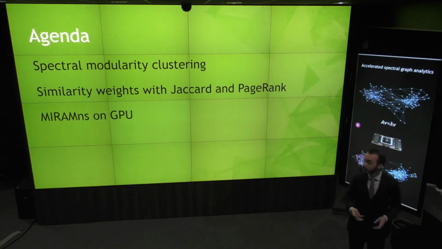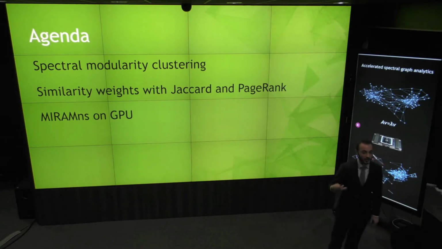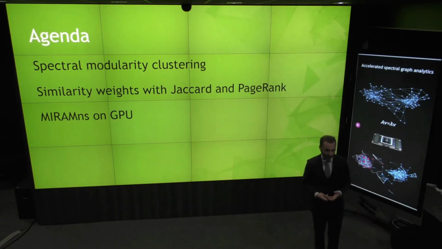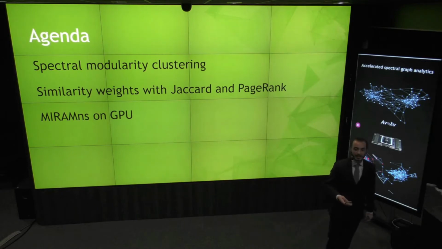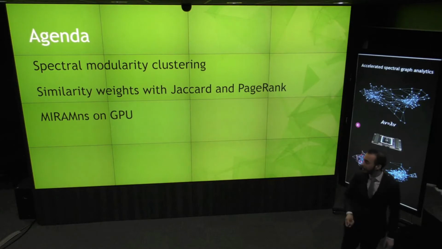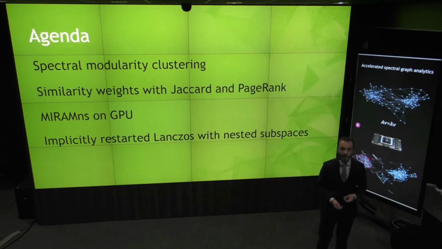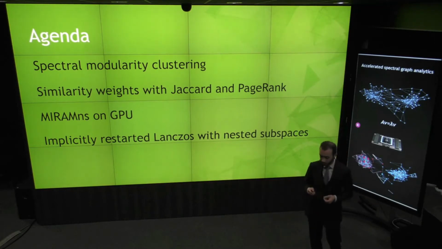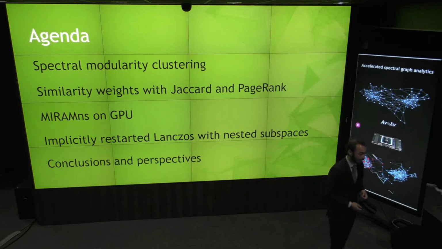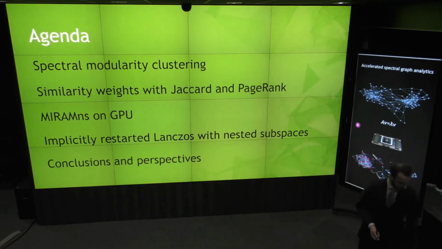Then we have the multiple implicitly restarted Arnoldi method on GPU, which is the Arnoldi method with auto-tuning of the subspace size, and we will see that in the context of PageRank applications or ranking. And we have the same auto-tuning for the subspace size in the Lanczos method, and its application in clustering. And finally, conclusion and perspectives.